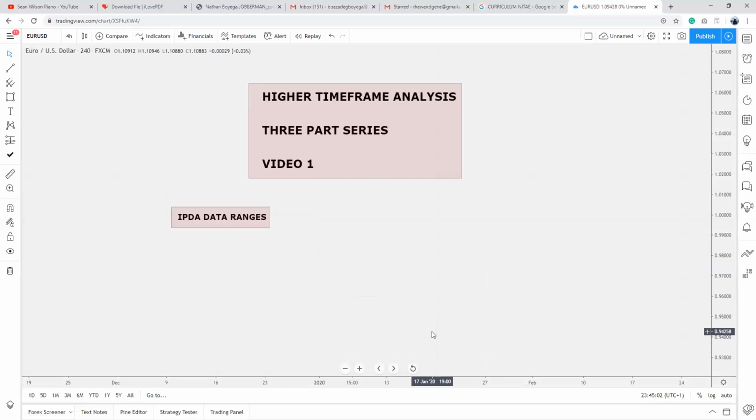Okay, so let's go to a step-by-step approach on how to draw up the IPDA, how to reference the look back phase, and how to draw up a look forward phase on IPDA. Okay, so give me a second, guys. I'm going to get this real quick.